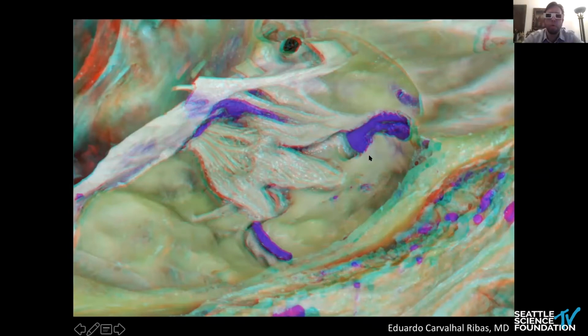All these three will make the lateral wall of the cavernous sinus. V2 and V3, they are already inferior to the cavernous sinus. Some people will say they are not part of the cavernous sinus, so the cavernous sinus will finish medial and superior to the foramen rotundum here, okay? And V1, trochlear and oculomotor, they will exit the cavernous sinus through the superior orbital fissure here.